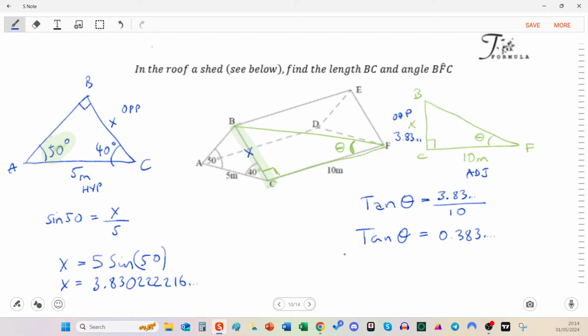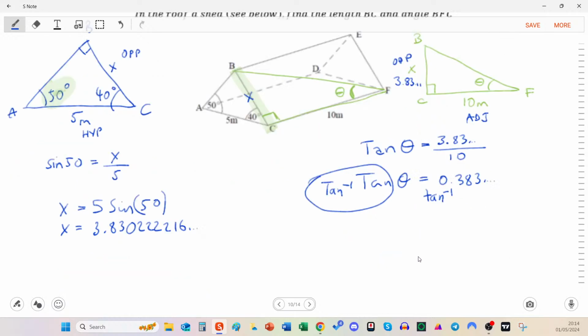To get rid of tan, we need to apply tan to the -1 to both sides, like that. In effect, what happens is this will inverse itself, so it no longer functions. It just has no effect because it's been inverted. This will do the opposite, and therefore it becomes just theta.